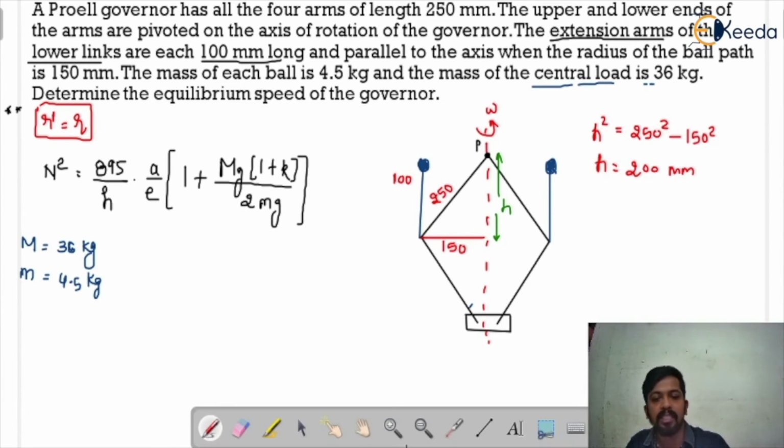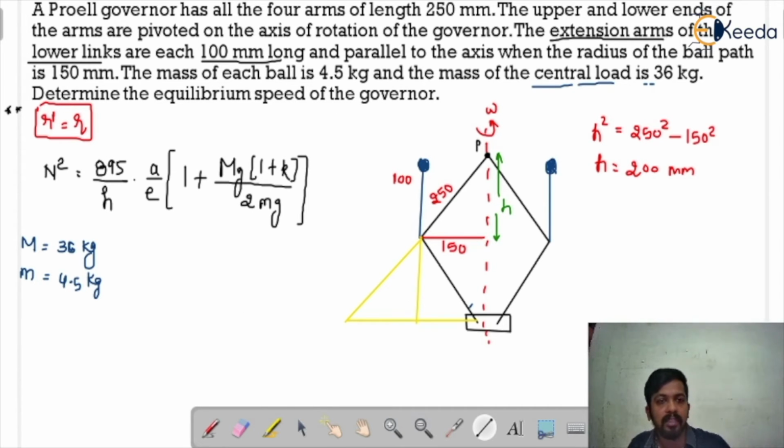What is A and what is E? Let's see here. This is the length where we get the instantaneous center, and this is the length A. And what is E?